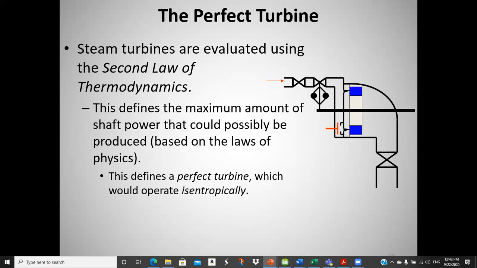This perfect turbine defines the maximum theoretical amount of shaft power that could be produced based on the laws of physics. It would operate isentropically, which means with no entropy generation. So we're going to pull our second law into this.